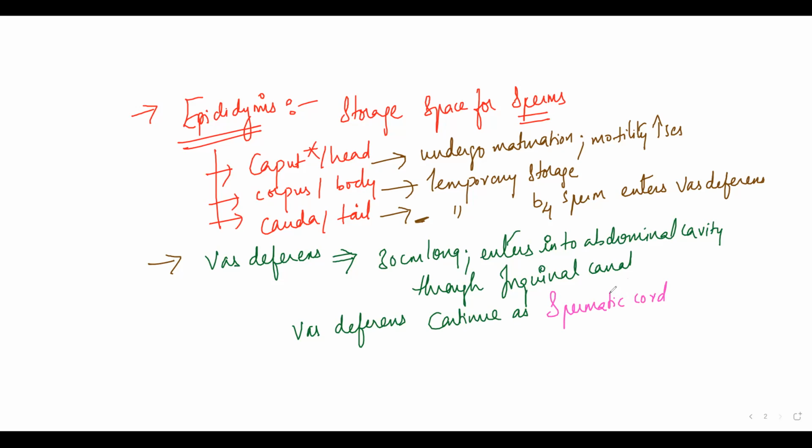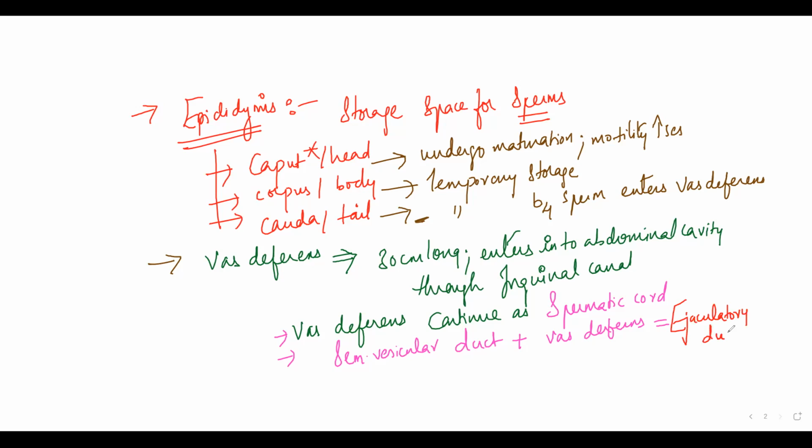The thing that you need to know here is that, as I have shown you earlier, the seminal vesicular duct joins with the vas deferens, and together they make up which duct, children? The ejaculatory duct.